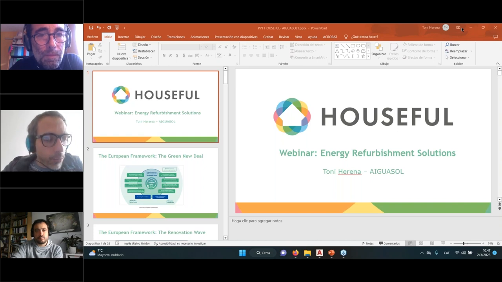And we put demo sites in Spain, for example, that are public and social housing with problems of high energy consumption, and the idea is to reduce this energy consumption, not just for the environment but also for the people living in their apartments.